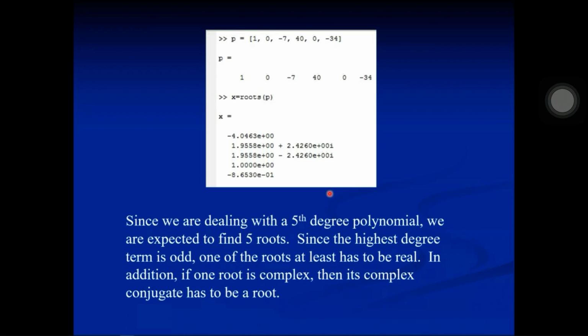Roots is a general term. Whether it's a numerator or denominator, anything that makes something zero is called a root. But for a specific ratio, we talk about zeros for the numerator and poles for the denominator. But all of them are called roots. Zeros mostly when we deal with the numerator, which in this case, a polynomial is the same thing, polynomial over 1, so you could think of it as a numerator.